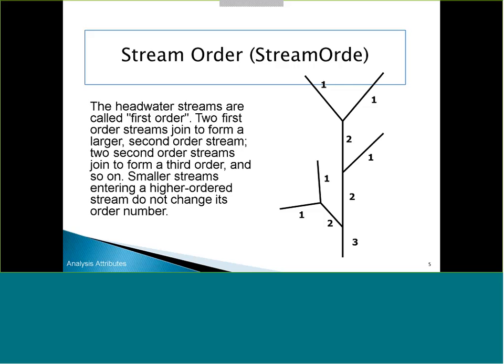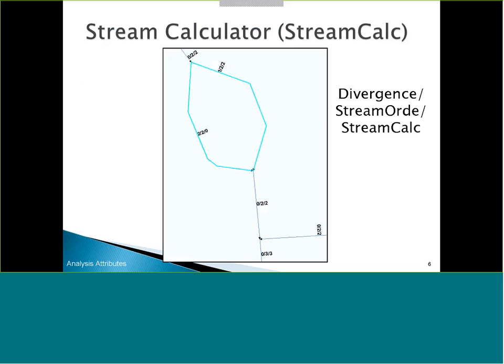So what did we do to modify this? The symbols, and I hope you can read them on this, the labels, are divergence, which is the code that tells you whether or not the flow line participates in a divergence, and if it does, whether it's the main path or a secondary path.